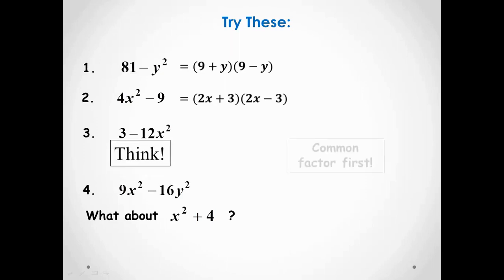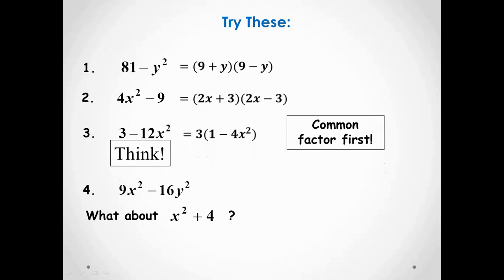So we have to factor out this 3, and that will leave us with 1 minus 4x squared, which now looks like a pair of perfect squares with a minus sign between them. Because the square root of 1 is 1, and the square root of 4x squared is 2x. So this can be factorized as the 3 that we factored out earlier, and 1 plus 2x, 1 minus 2x, which comes from the difference of two squares.